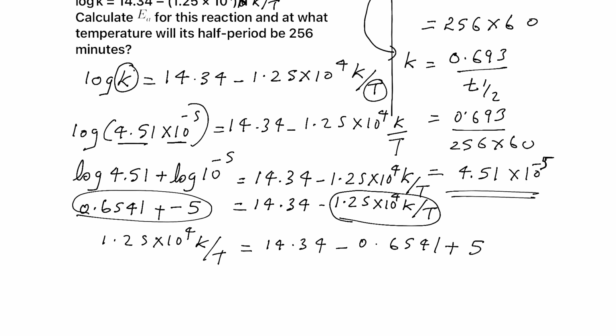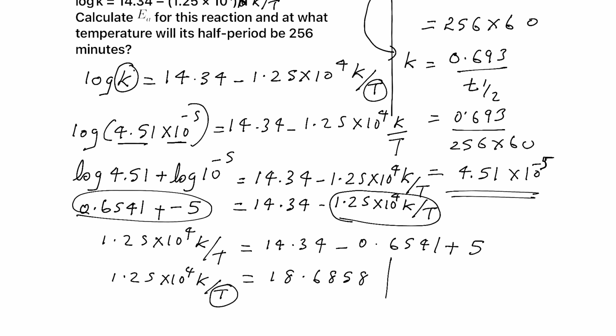Got it? Now 1.25 into 10 raised to 4 Kelvin by temperature is equal to, you have to do the calculation on the RHS and you will be getting 18.6858.